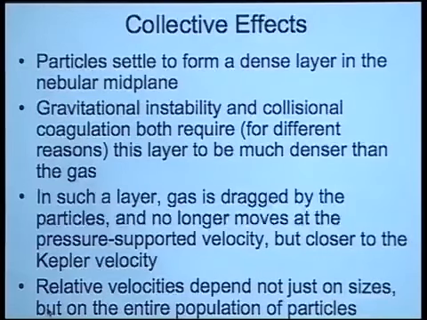So we require the density of particles to approach or exceed that of the gas in the various models. And in that case, it's not just that the gas is affecting the particles, the particles are affecting the gas. They drag the gas with them at some rate that is no longer the simple pressure-supported value. And the relative velocities between particles of any size don't just depend on their sizes, but on everything else that's going on around them, the entire ensemble in their vicinity.